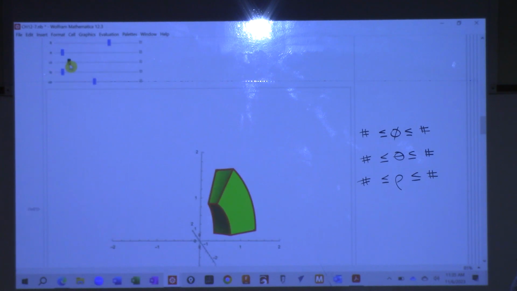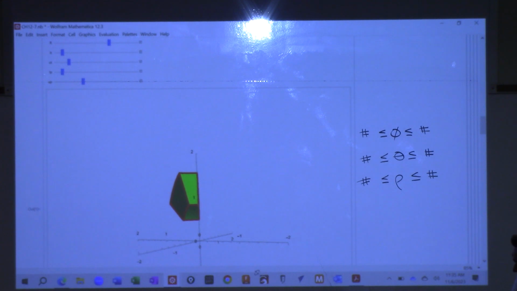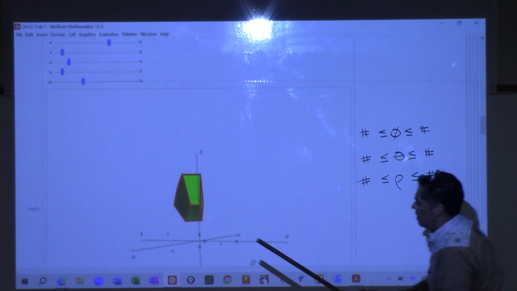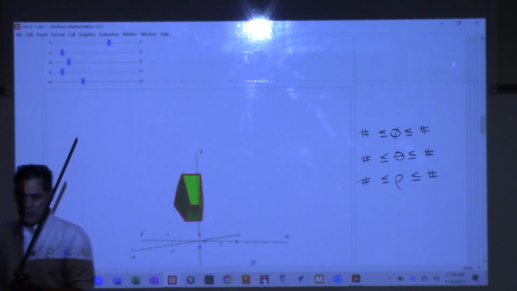Actually, forget which one's which. Okay, hold on. Nope, this one. There we go. Let's look at it from the perspective that I was standing in the room. So that's me standing in the room, facing you like this.